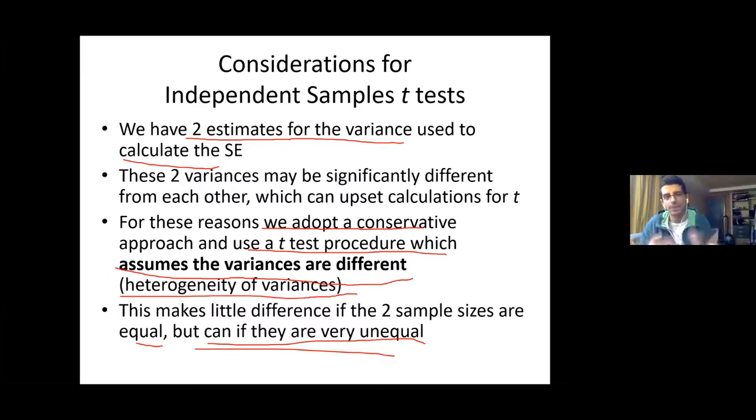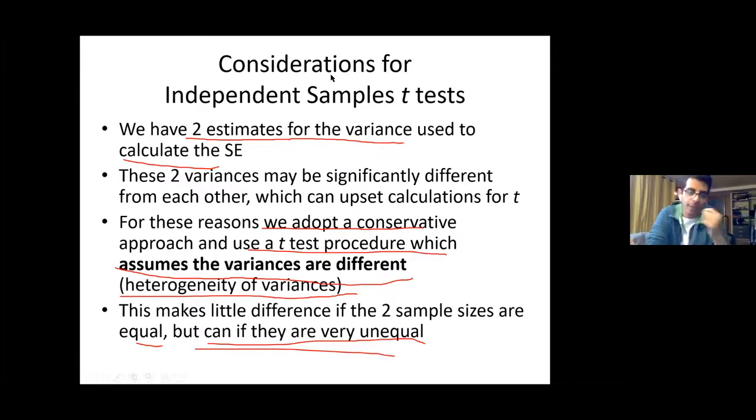And by doing this analysis, maybe their variances are equal. Maybe they are. So it won't make that much of a difference if they were equal, but it will make a huge difference if they weren't equal. If they weren't equal, this heterogeneity of variances will help you in finding the correct result.